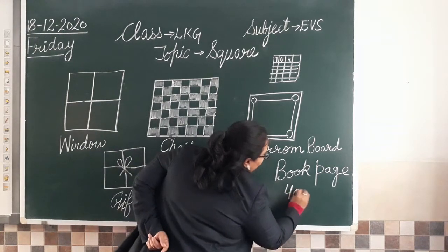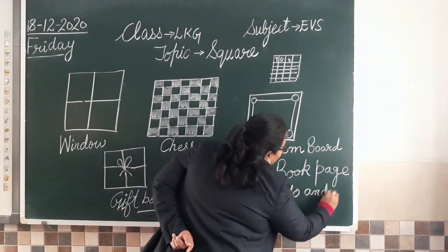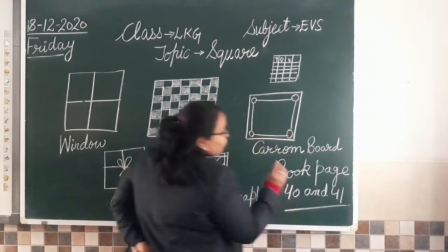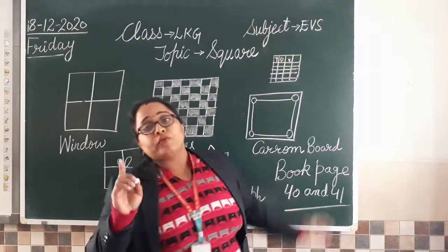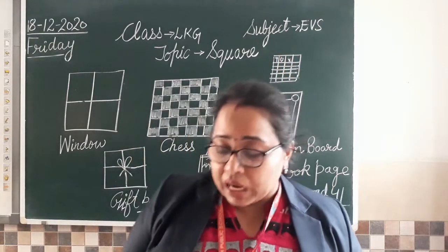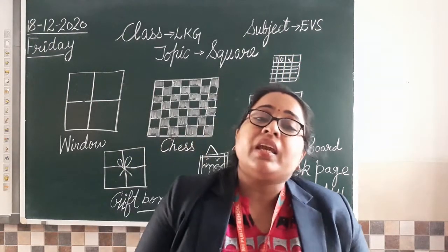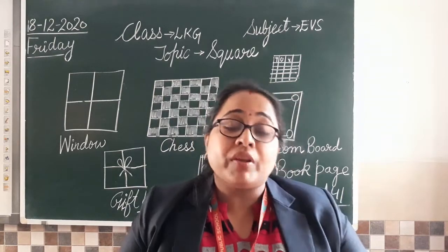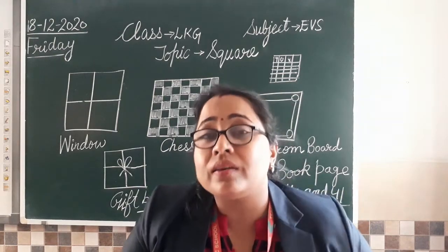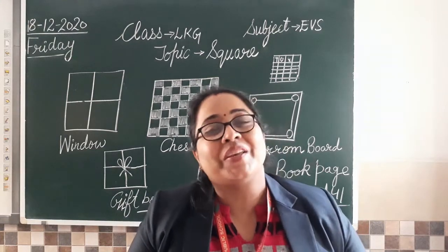So please open your book on page number 40 and 41. EVS class, because we are doing the EVS subject. So you have to open your EVS book. Don't get confused, okay? And let's see how we are going to do today's work in the book. With that, please keep your pencil colors with you. We have a coloring activity to do, okay?